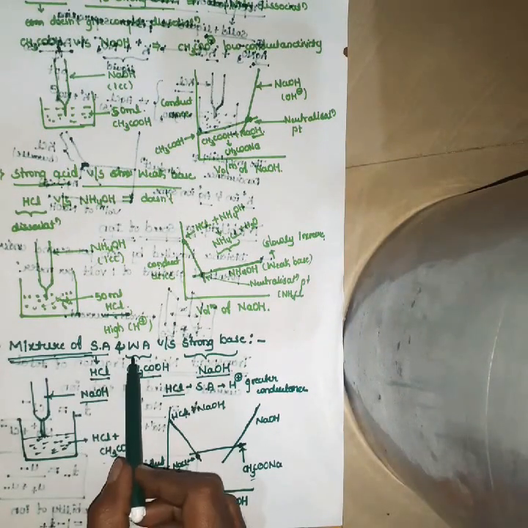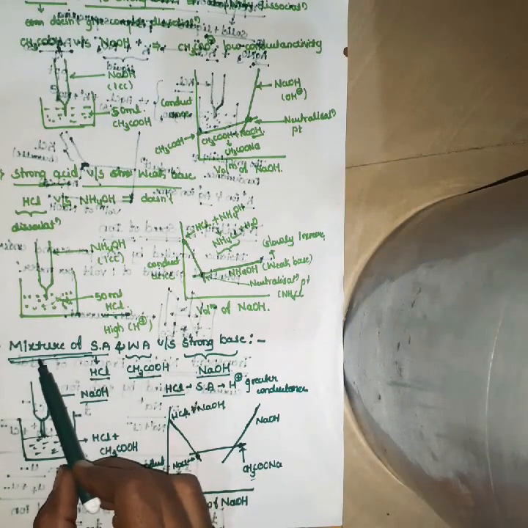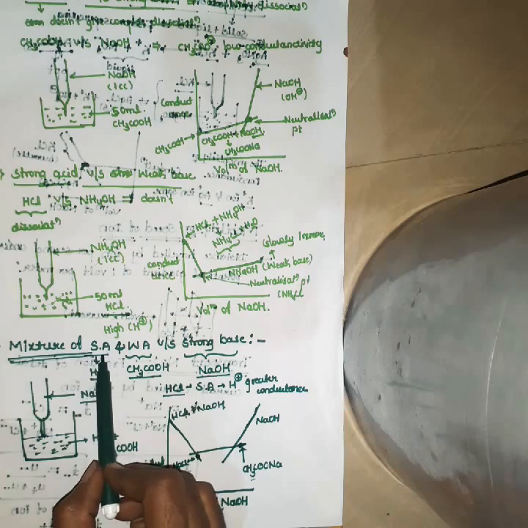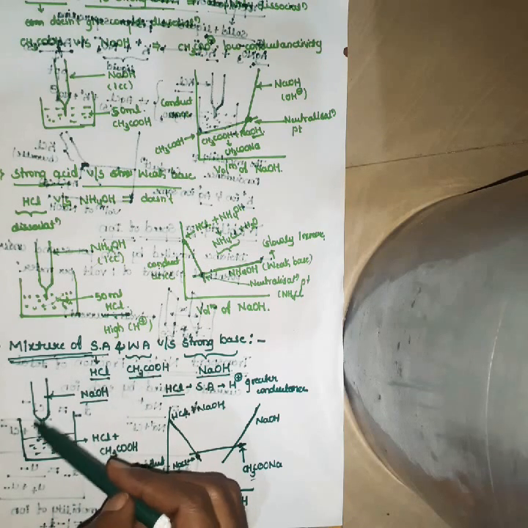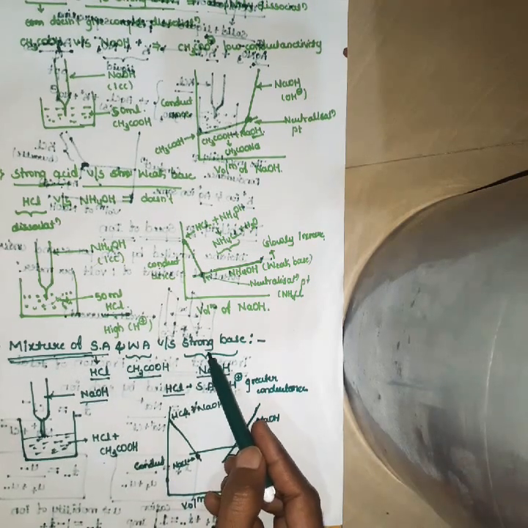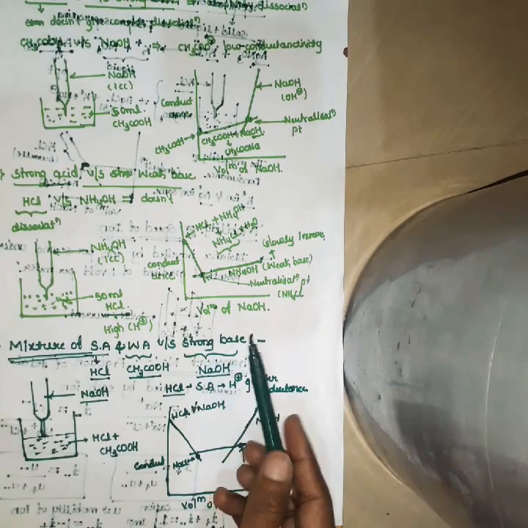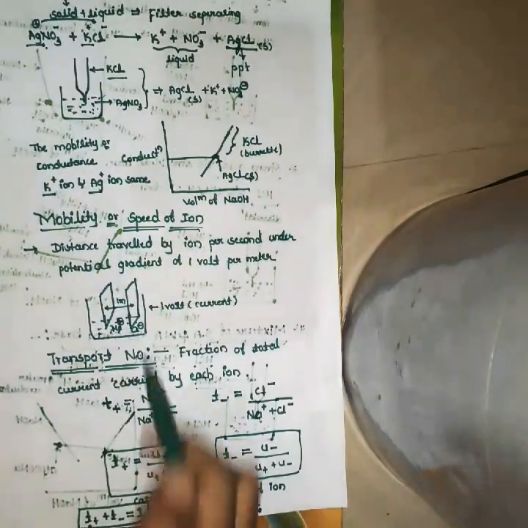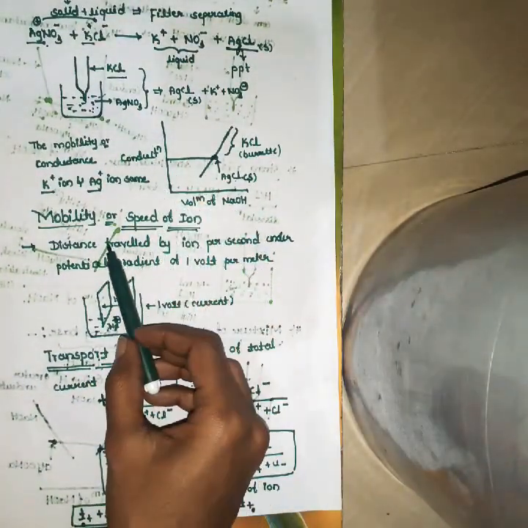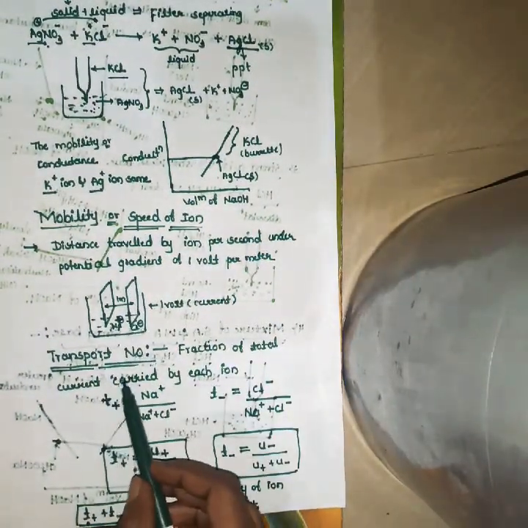And today we continued with a mixture of strong acid and weak acid in a beaker, adding a strong base. This is the fourth type of titration. And the last ones are precipitation titration, mobility of ion and transport number.